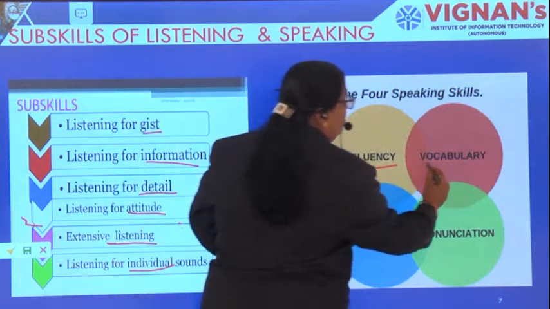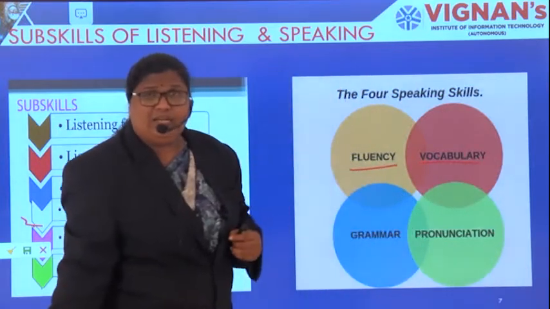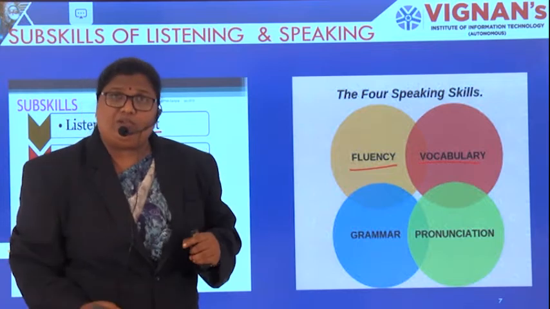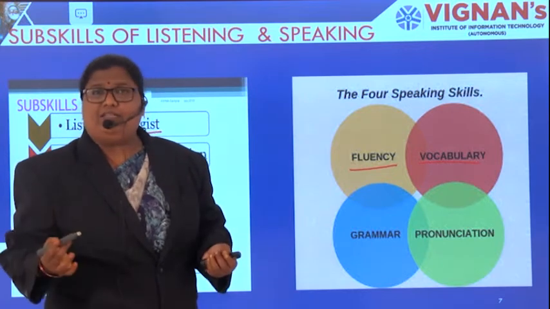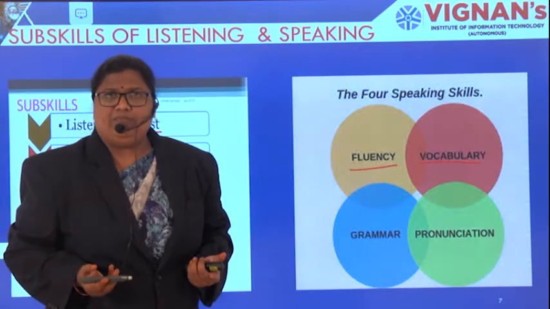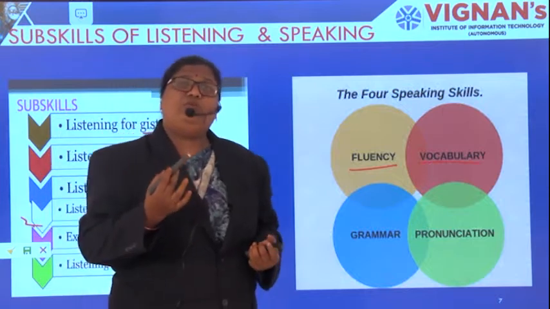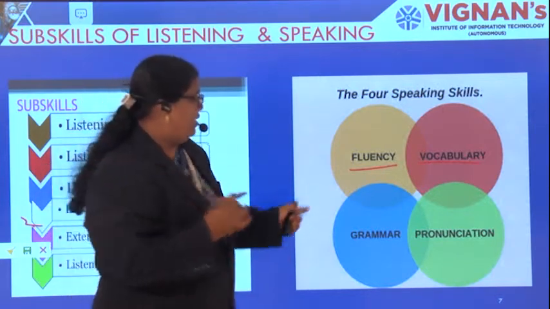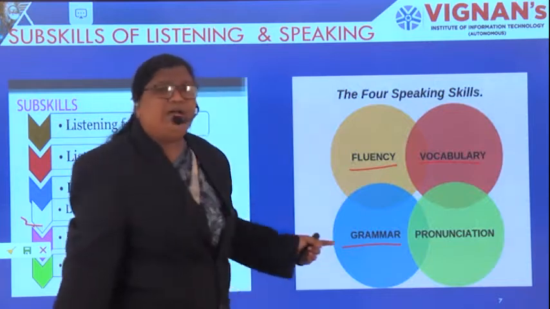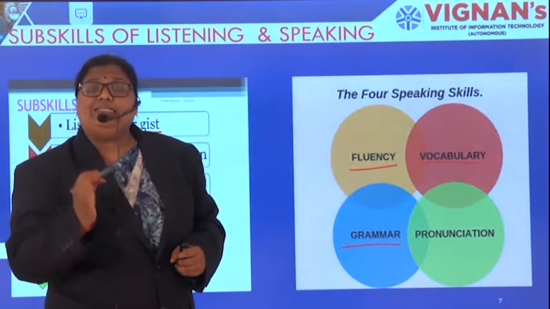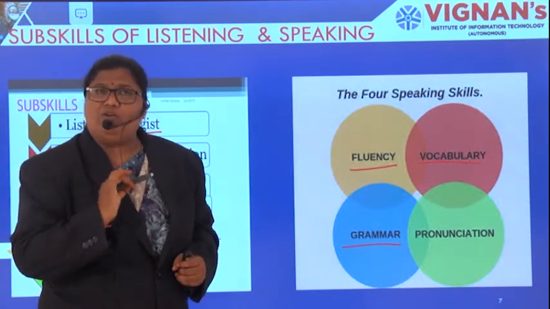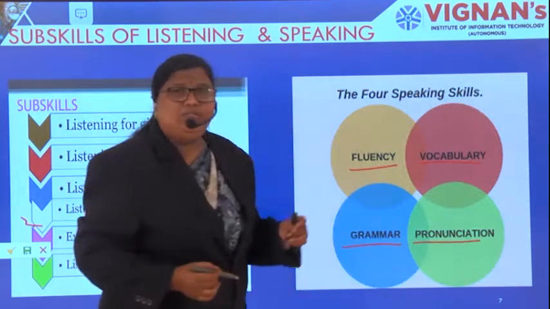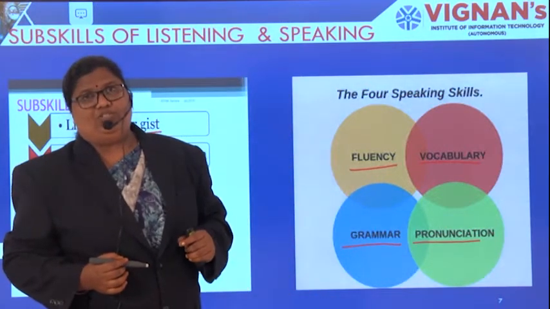And then vocabulary. Language is very, very important. Vocabulary is nothing but usage of words. When you're speaking, whether you're using the exact words which are required or not. And then grammar, whether you're speaking grammatically correct language or not. And then are you using apt pronunciation?